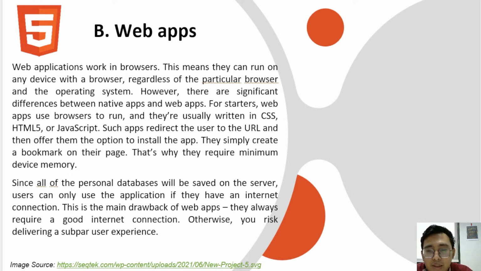Such apps redirect users using what we call a URL, which is an address, whether it's an IP or a domain name, and it will offer them the option to install the app. It will also create a bookmark on their page if you want it to run smoothly only in the browser, and in a lot of cases it will only require minimal device memory, but rarely there would be some web applications that require a lot of device memory in order to run on the web.